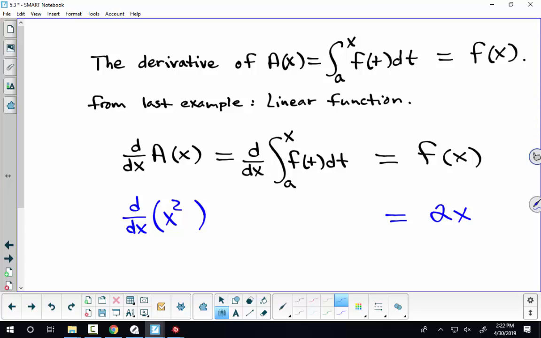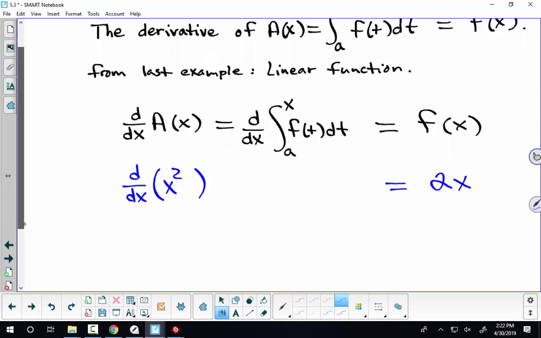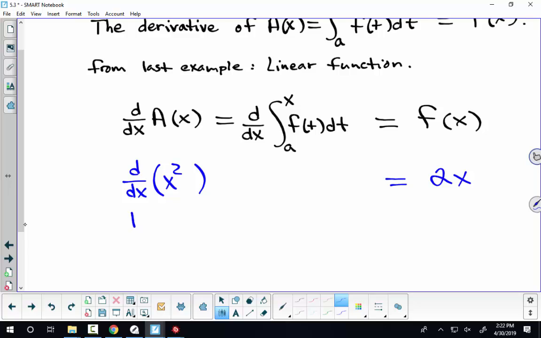Yeah. Integral of 2x. Good. Right, so if I know the derivative of x squared is 2x, then I know x squared is the antiderivative of 2x.